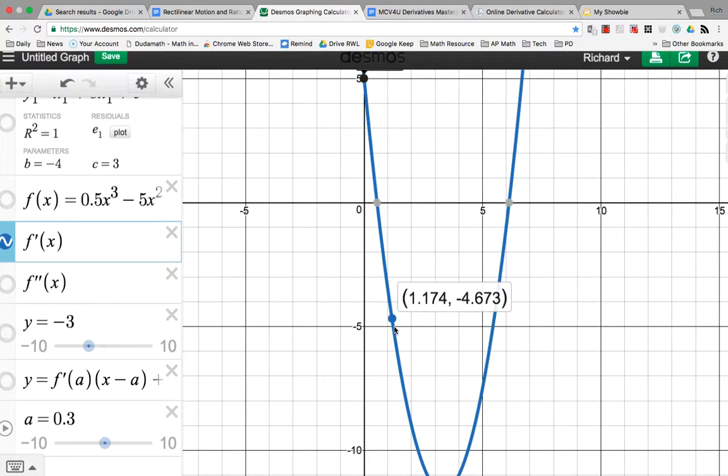Similarly, if I went down here to about 1.23 seconds, the speed would also be 5 meters per second, because if the velocity is -5, the speed is 5. So once you get that velocity curve plotted, you're looking for the maximum speed, which is the fastest velocity, so it can be positive or negative.